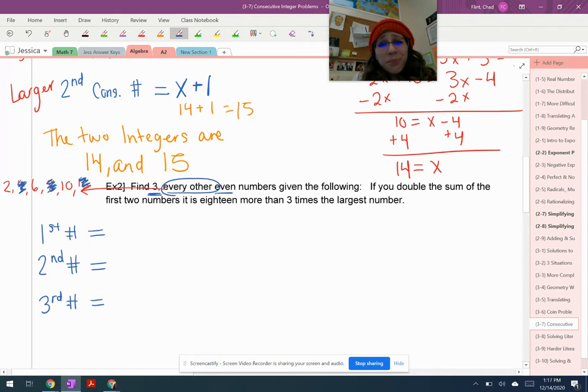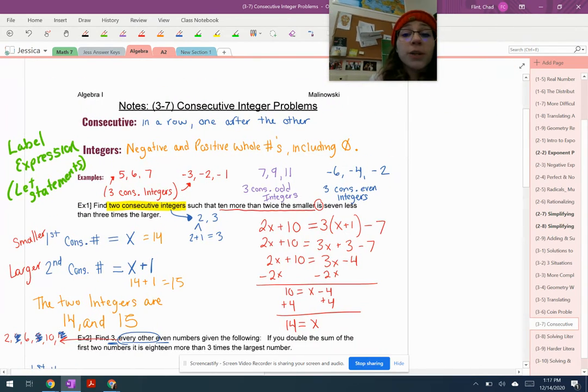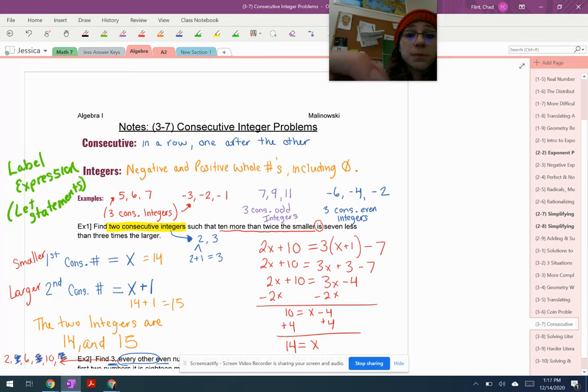Now remember, I'm using those to help make sense of what's going on. 2, 6, and 10 are not answers to my question. They are in no way, shape, or form related to my answer at all, except for the fact that they're even numbers that are every other. But I'm going to use those to help. Keep in mind that you're still always going to have an x.